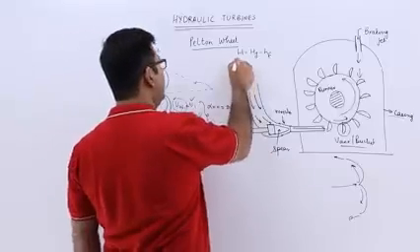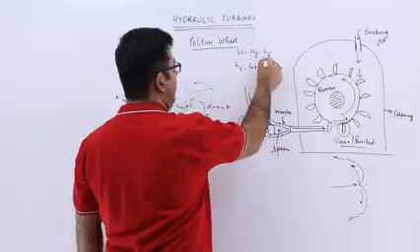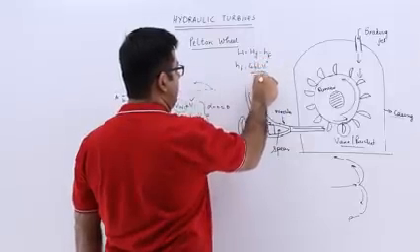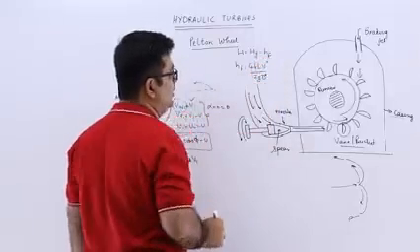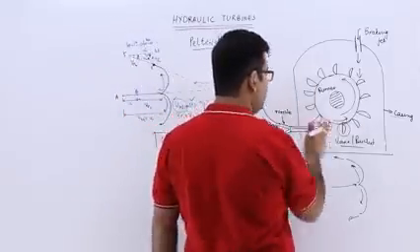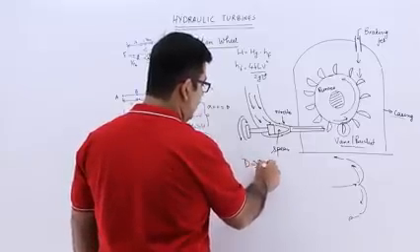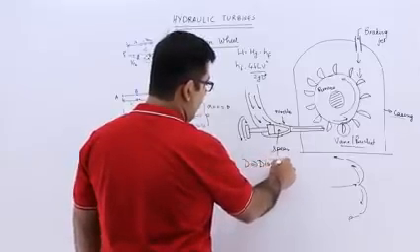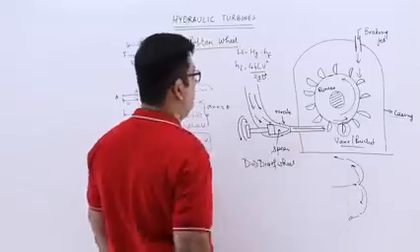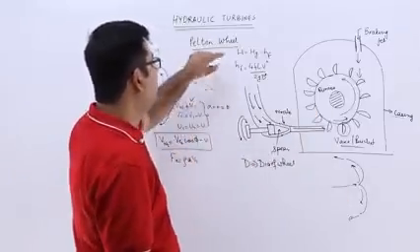So to find out the head loss due to friction, you can use your Darcy-Weisbach equation, where d star is the diameter of the penstock and the diameter of this wheel is capital D. So I use capital D as the diameter of the wheel. Okay, so once we have got the HF, we can find out the net head.